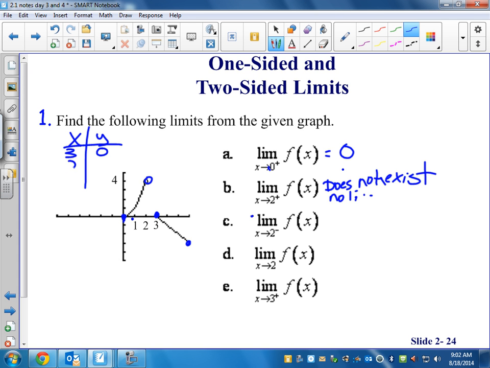When x is 2, y is 4. When x is 1, y looks like it's at 1. I'm going to pick numbers here and say when x is 1/2, I want to know what happens as I get closer and closer to 0.